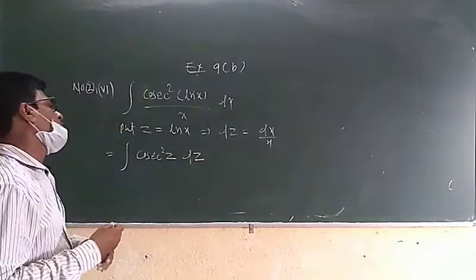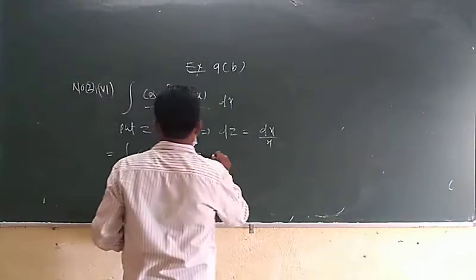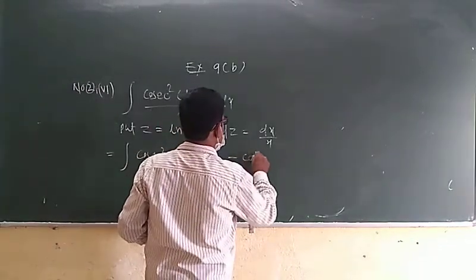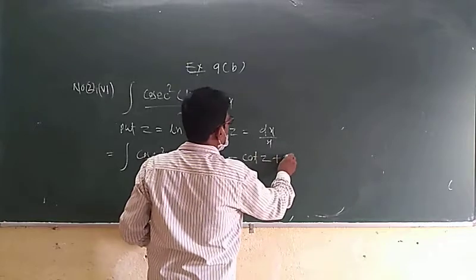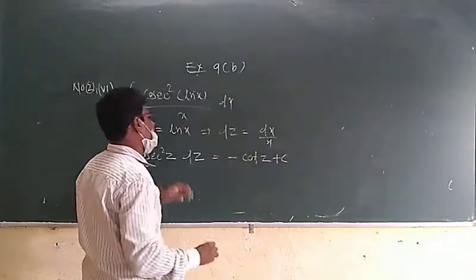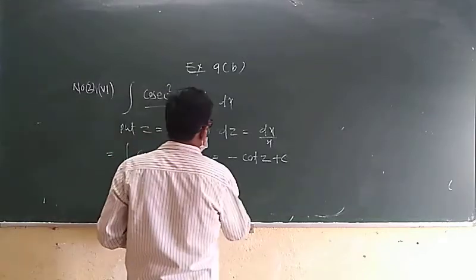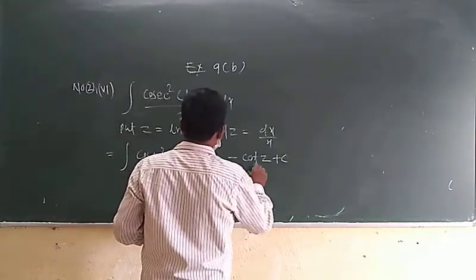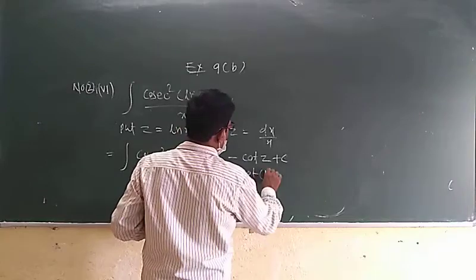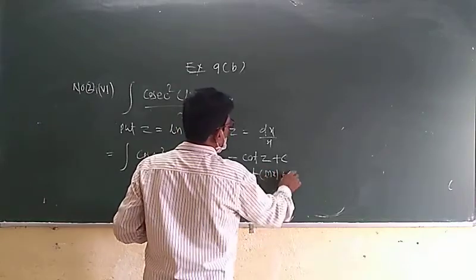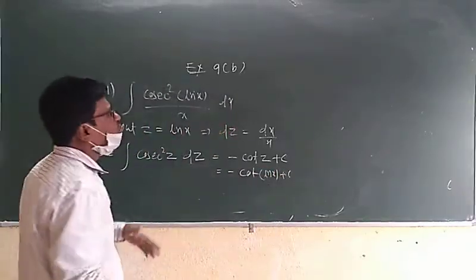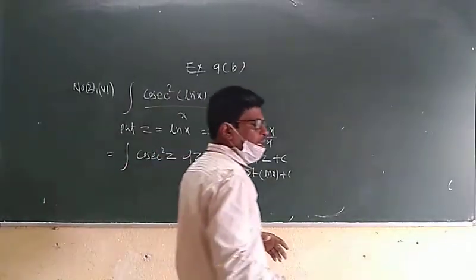You already know cosec square z dz is equal to minus cot z plus c, because the integral of cosec square x dx is minus cot x. That is minus cot of z, and the value of z is ln x, plus c. It is a very easy problem.